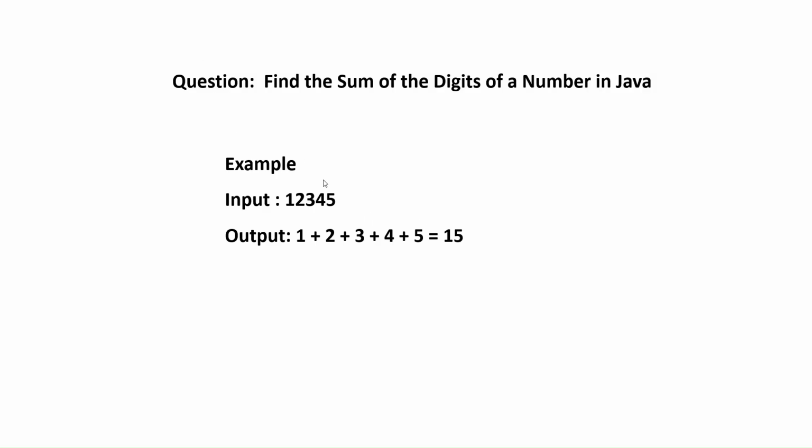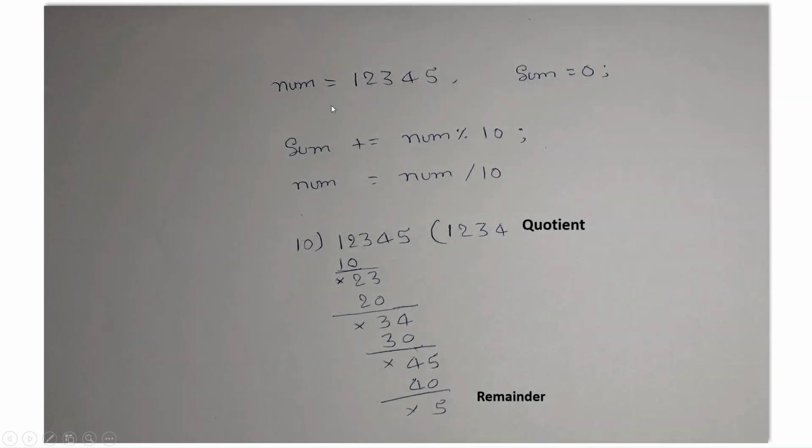First of all, you have to implement your logic. Let me explain. Here we have a variable, num, which represents the number 12345. To add these digits as a sum, you need one more variable, sum, which is equal to 0.